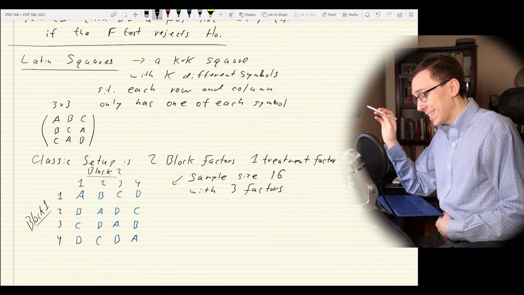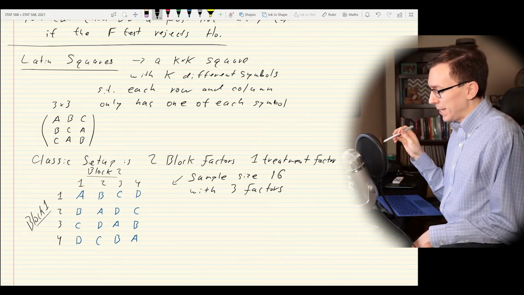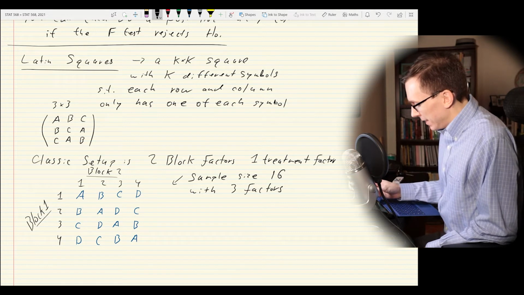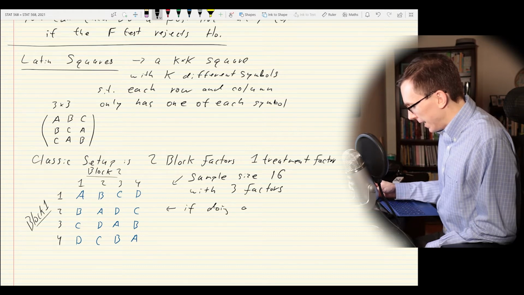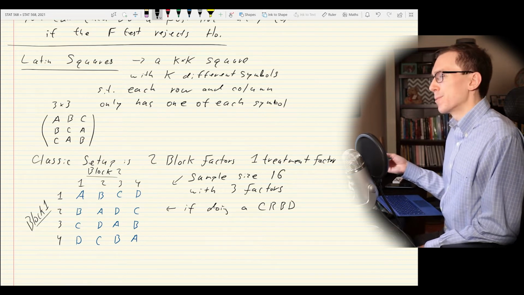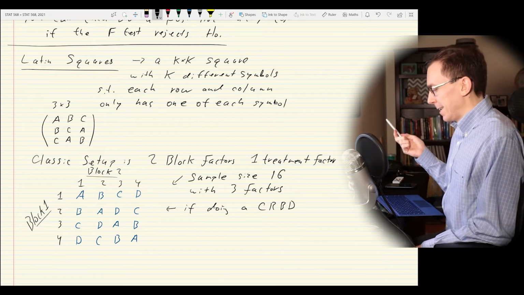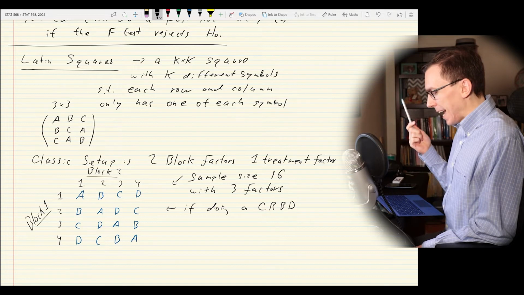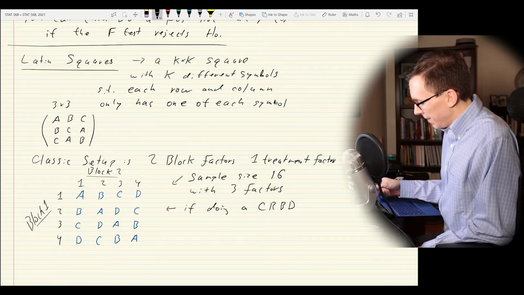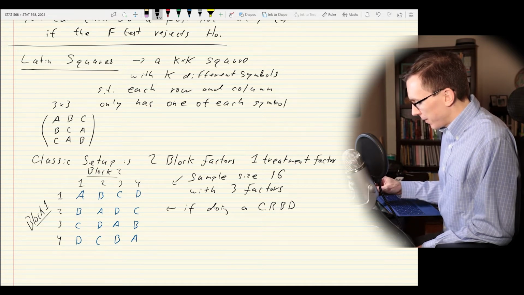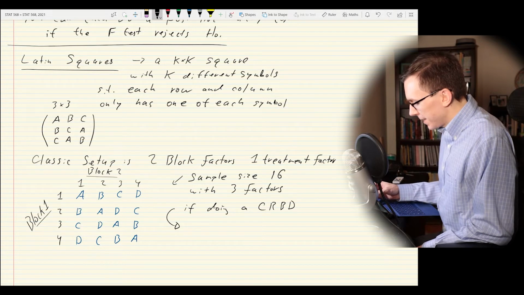And this is quite neat because if we did this as a complete randomized block design, well, what we would want to do is see every level of the treatment within every block combination.